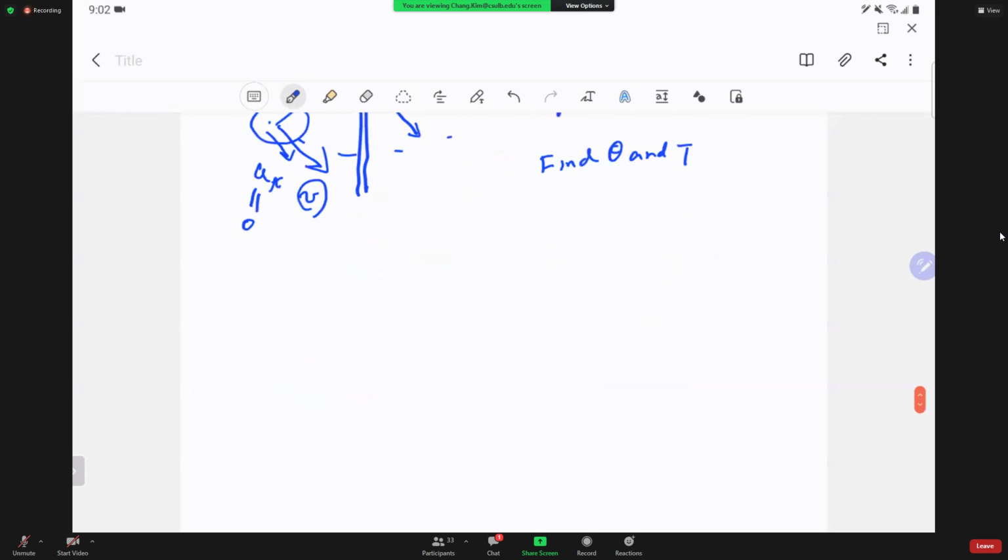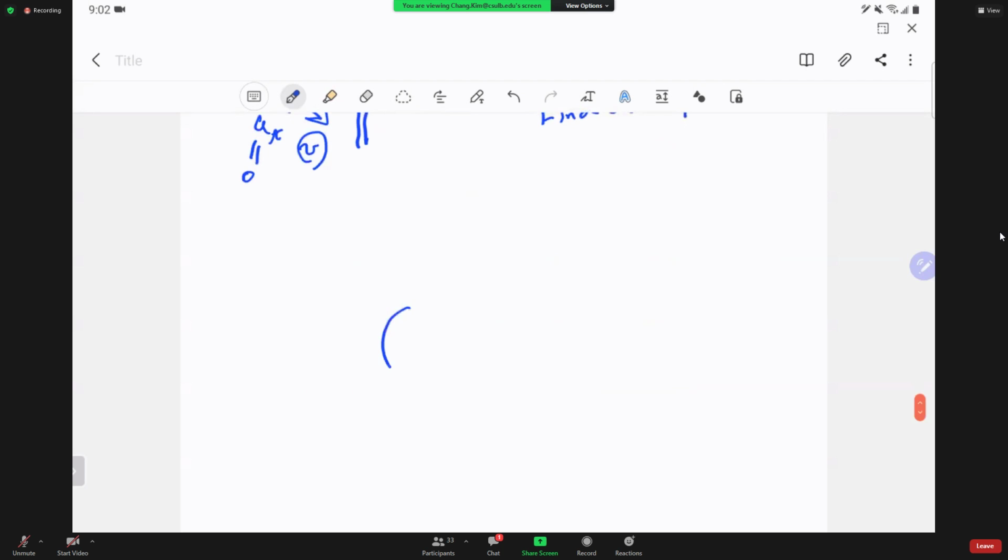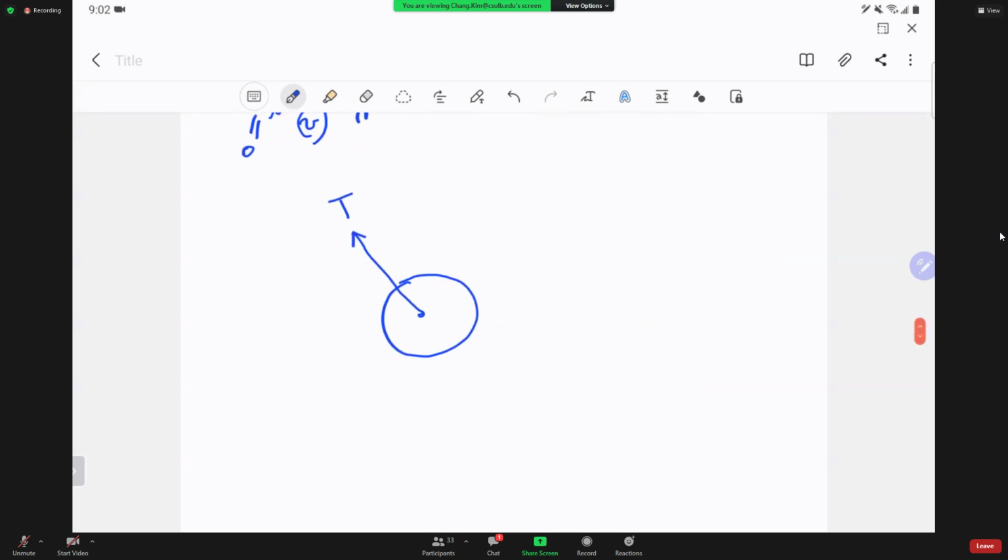All right. To attack this problem, you need a free body diagram. So this is going to be my tension direction, and the weight of the ball acting downward. And this is going to be the direction of the acceleration, which is going to be velocity squared divided by the radius. The radius is somewhere here, right?